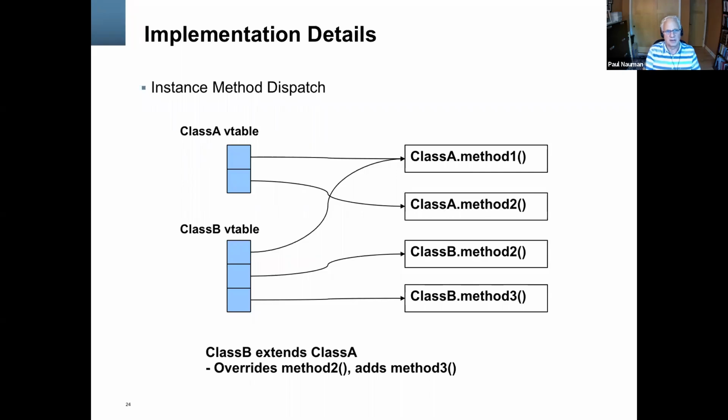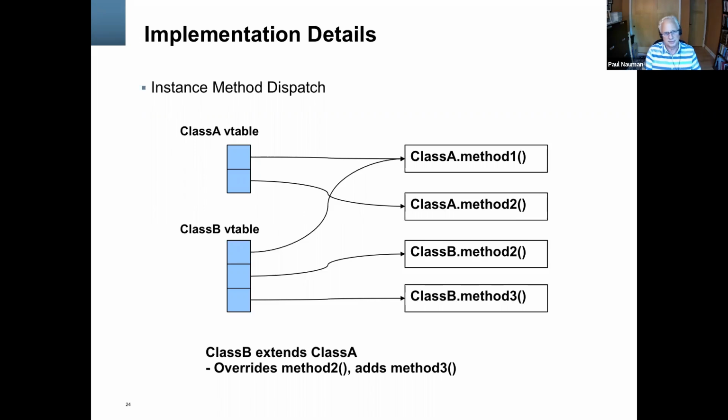So here, associated with each class is something called a vtable, which contains pointers to the methods that that class can execute. And so because Class B is a subclass, an extension of Class A, its vtable actually has pointers to the appropriate method.